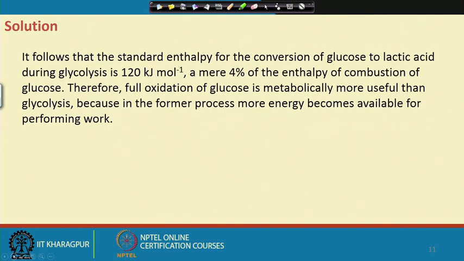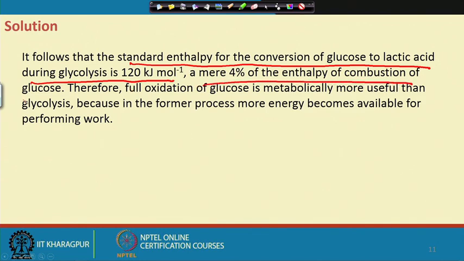So, what does it indicate? It indicates that the standard enthalpy for the conversion of glucose to lactic acid during glycolysis is 120 kilojoules per mole, which is merely 4% of the enthalpy of complete conversion of glucose to carbon dioxide and water.